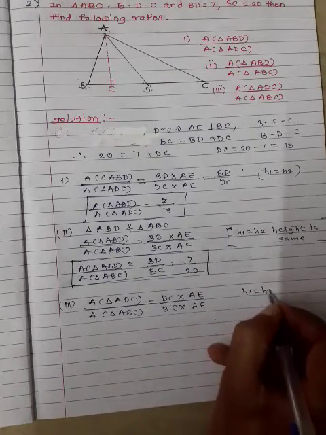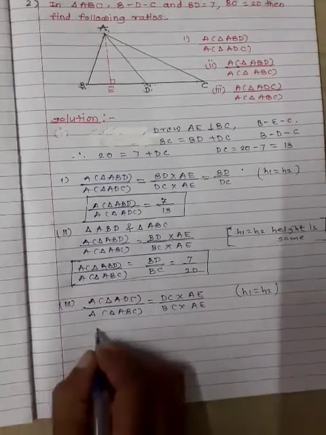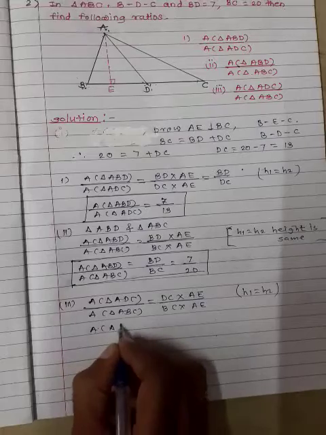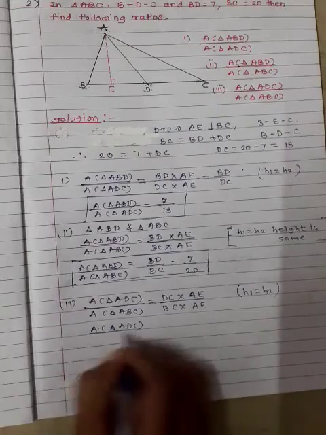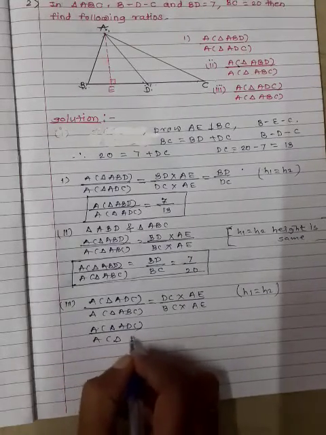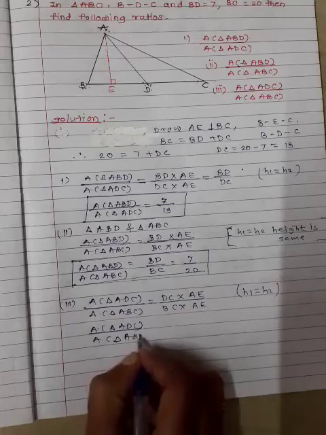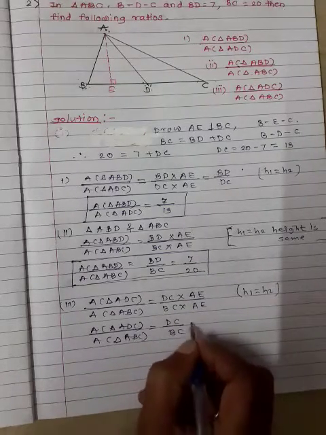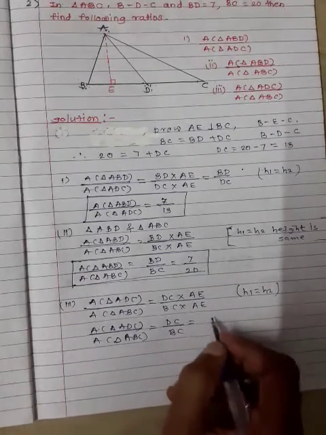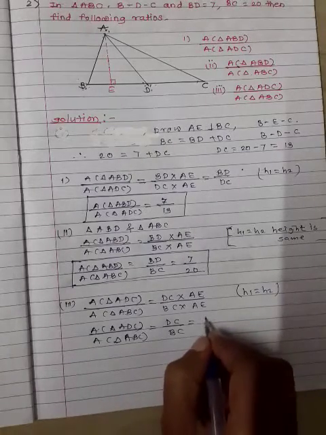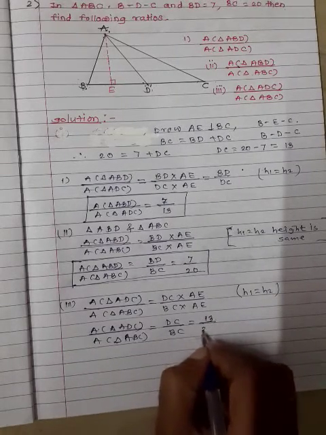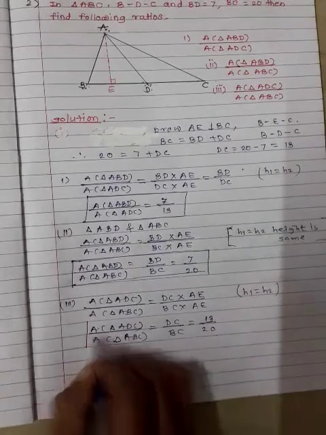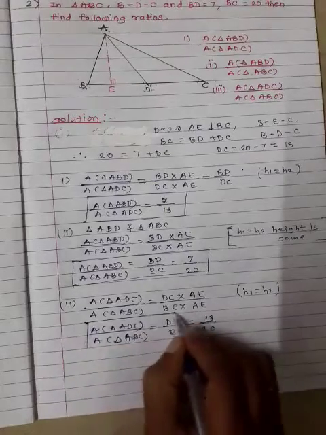H1 is equal to H2, the height is the same. Area of triangle ADC upon area of triangle ABC is equal to DC upon BC, which is 13 upon 20, with DC being 13 and BC being 20. This is the third answer.